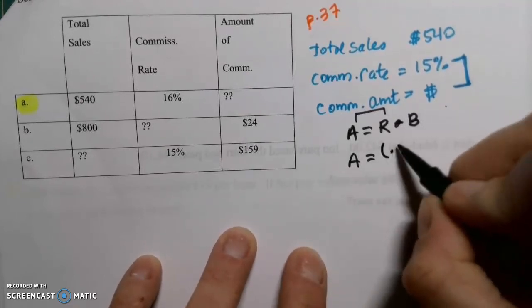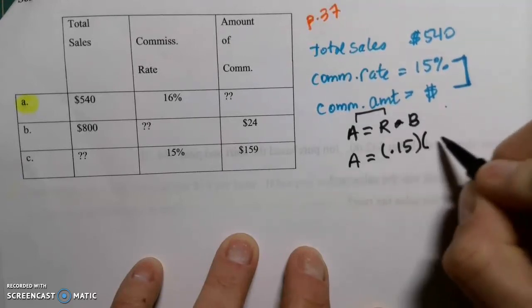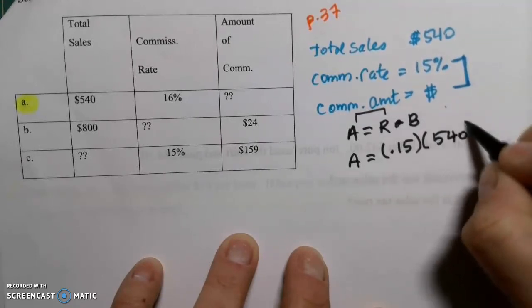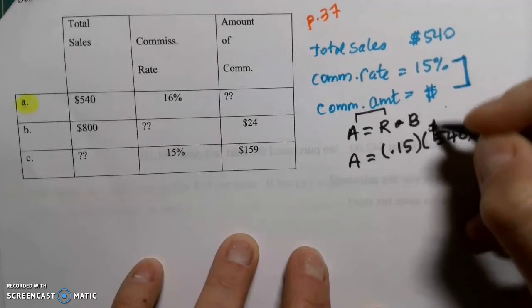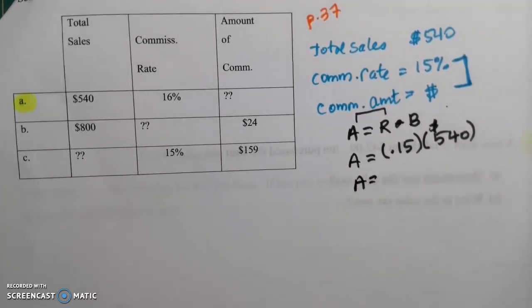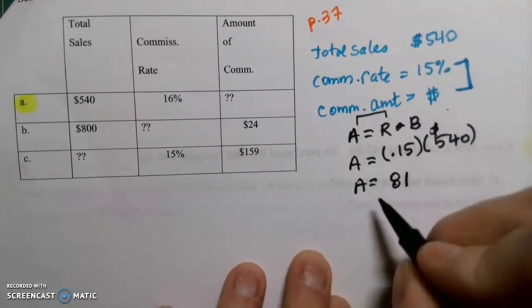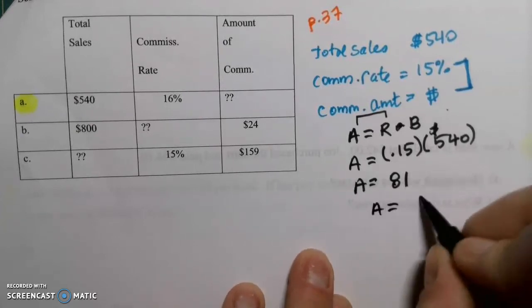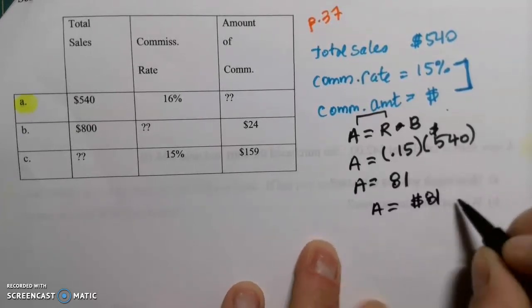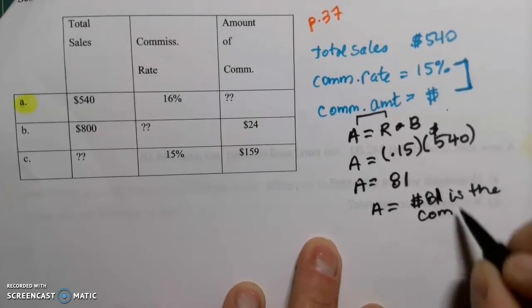Don't forget that your rate will have to become a decimal, so it'll be 0.15. And then we're multiplying by total sales, which is $540. So we multiply those together, and we get 81. And then don't forget to say that $81 is the commission amount, something like that.